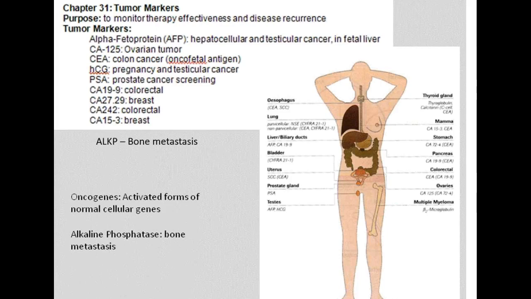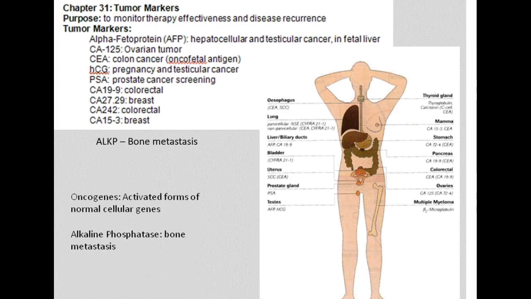So if you get an HCG in a male, don't freak out. It could completely be possible. Okay. PSA, prostate cancer screening. So this is one that is used as a screening tool. It's one of the very few. CA-19-9 and 242 are colorectal, and 27-29 and 15-3 are breast cancer.